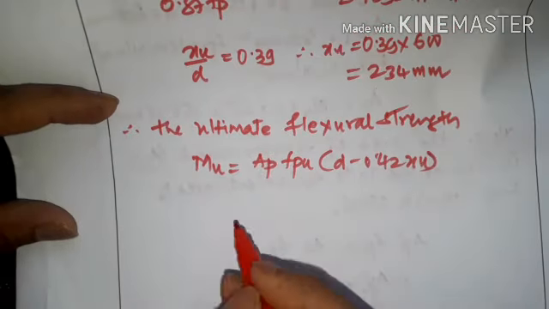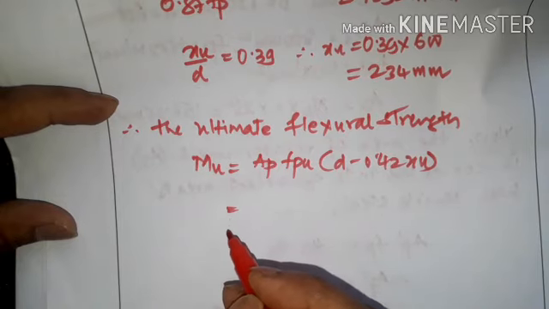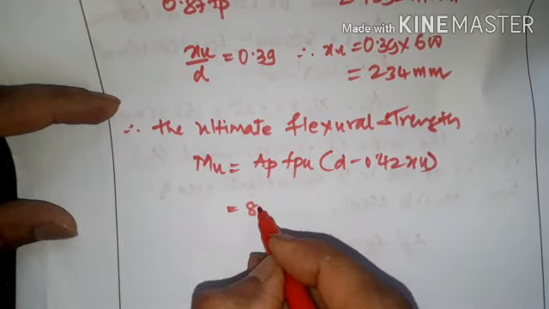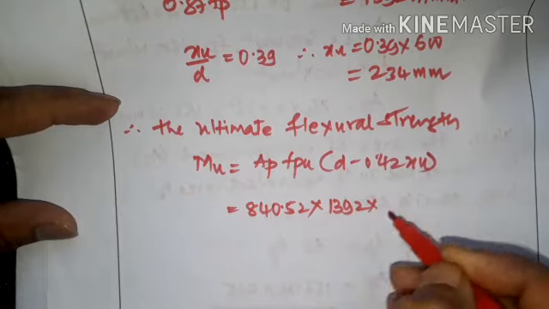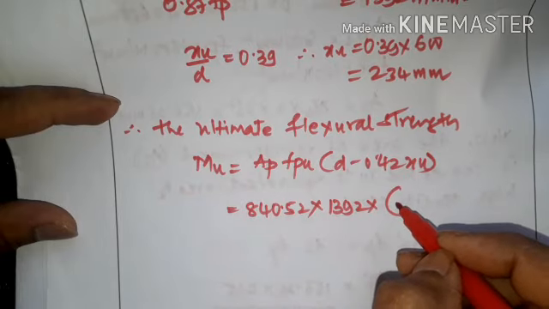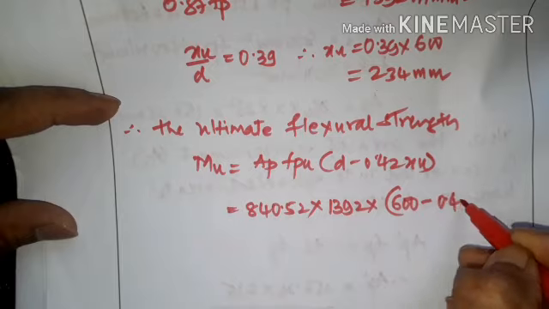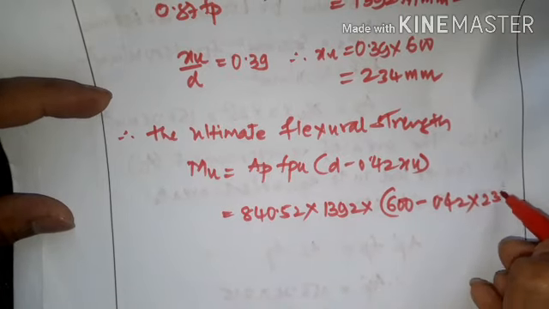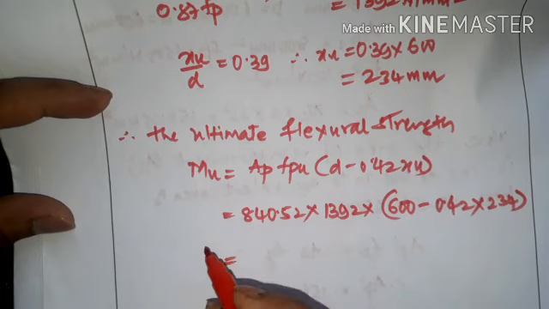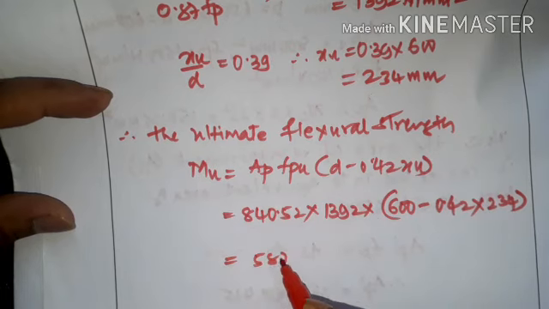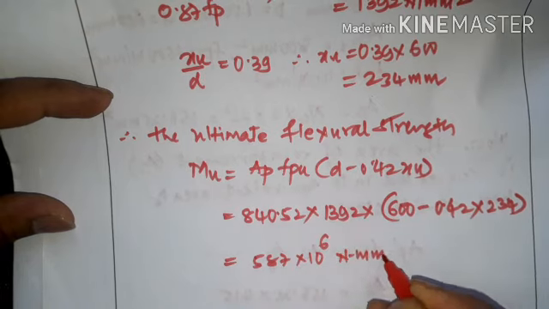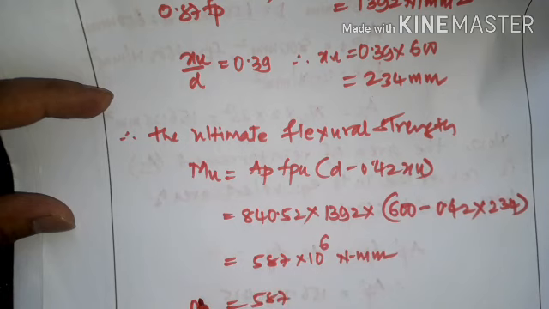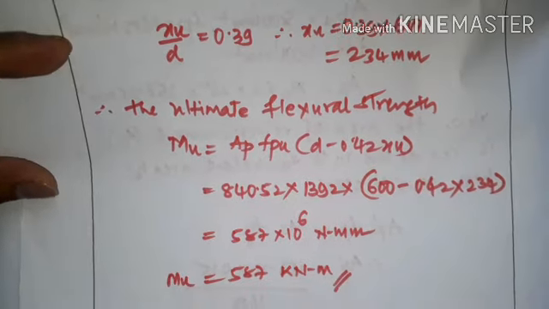So Ap, the area of pre-stress, is 840.52, Fpu is 1392, d is 600 minus 0.42 into Xu, which is 234. So we will get the answer as 587 into 10 to the power 6 Newton mm, or Mu is 587 kilonewton meter. So this is the final answer.